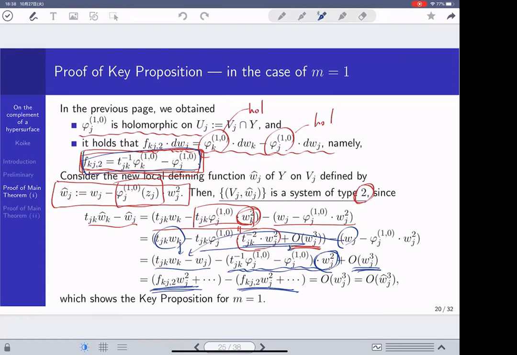So the difference is just a higher order term. This is a proof of the statement that this new one is a system of type 2.